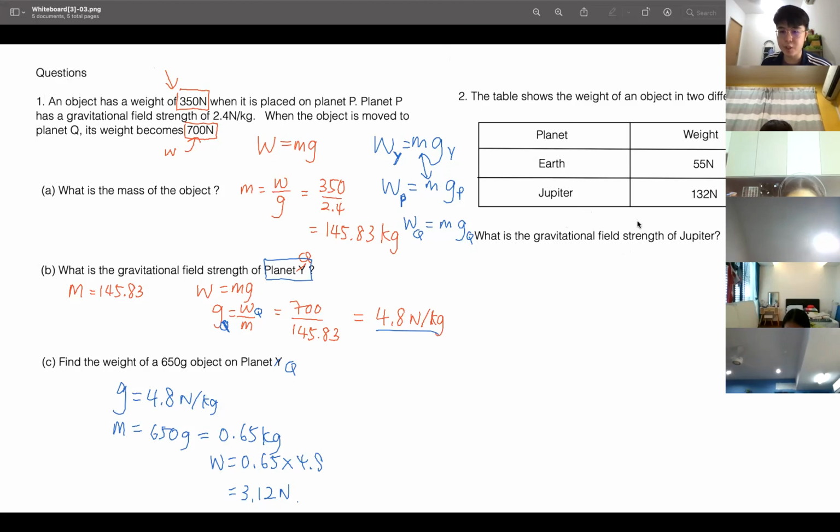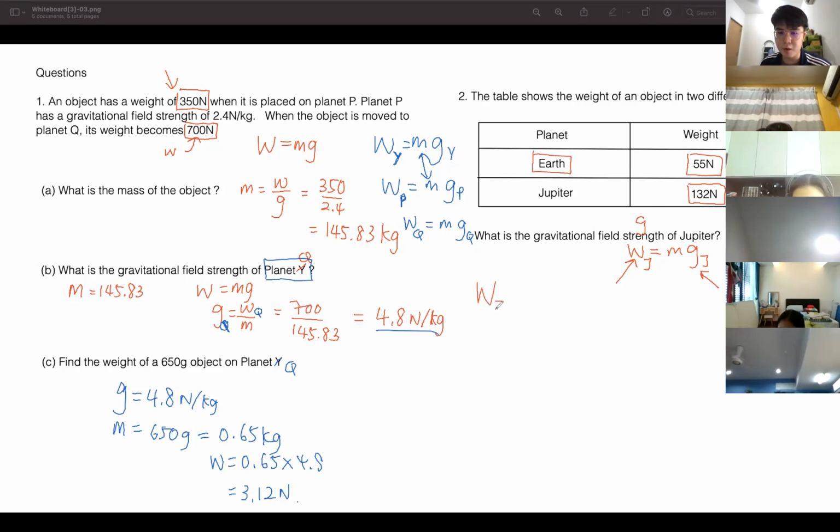Okay, so how do we find the g of Jupiter? Now, you are given the weight on Jupiter. So we got W equals mg, g of Jupiter, weight on Jupiter. These two we got already, right? But we don't know the m. To find the m, I use the Earth here. Earth weight is 55.